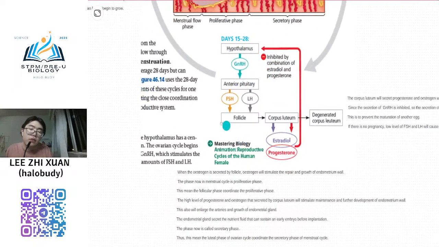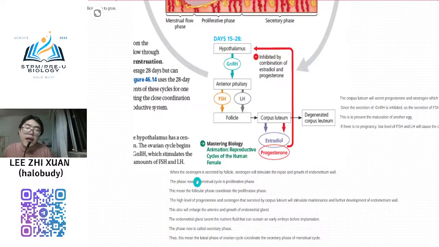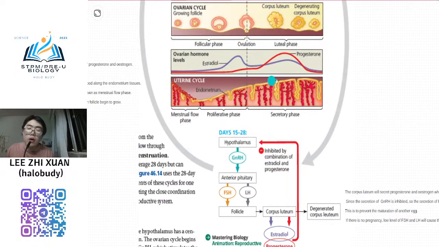Why? Because we know that estrogen and progesterone play the major role in development of the endometrium wall. So you see this endometrium wall. You will find that when the estrogen is increased, your endometrium will start to thicken already. And then after that, when the progesterone level is at the peak, your endometrium wall is the thickest now.